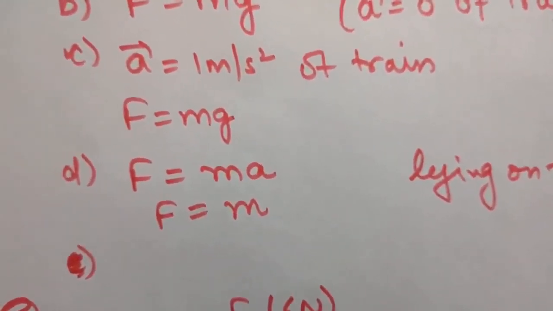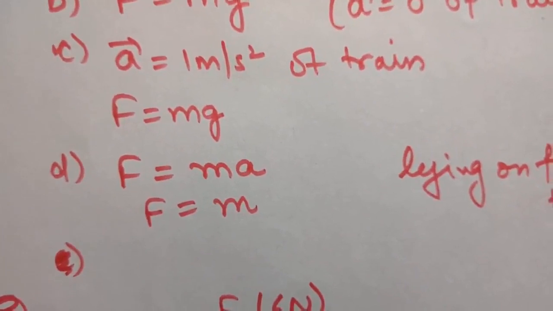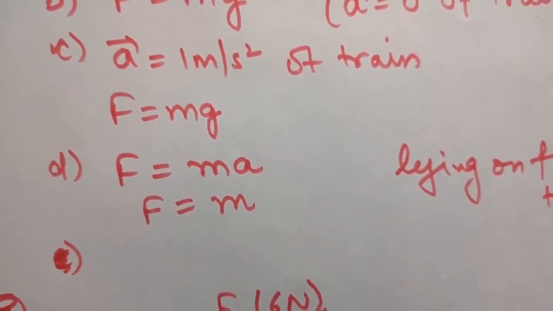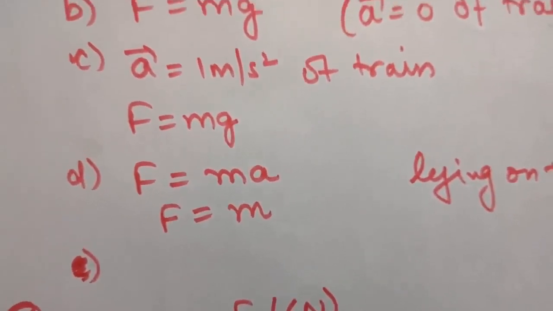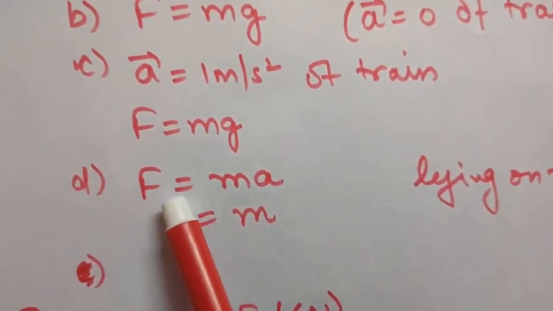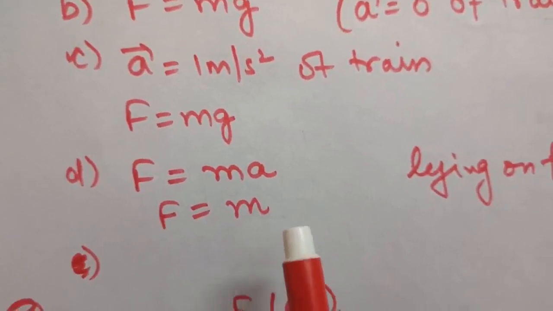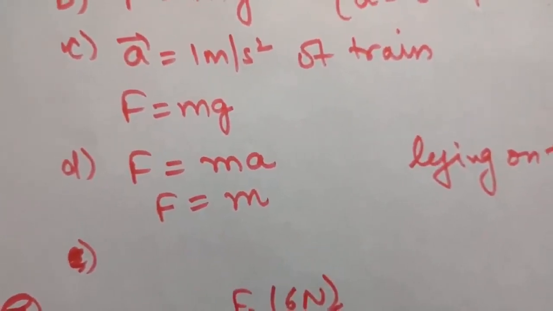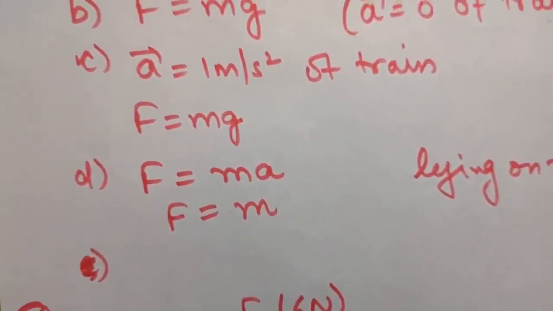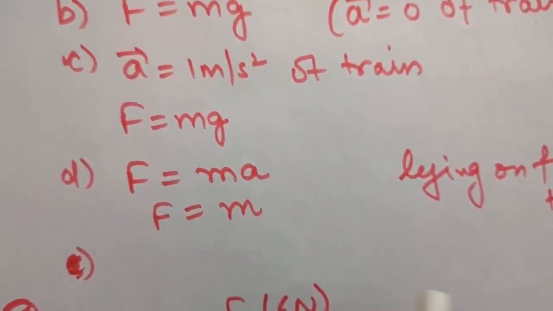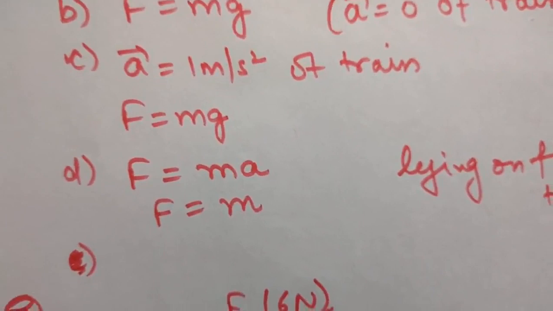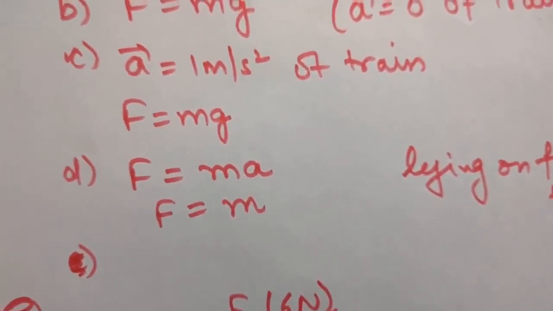D part says if the stone is lying on the floor of the train which is accelerating with 1 meter per second square, the stone being at relative rest to the train. So now in this case the stone is lying on the floor of the train. That means the acceleration of the train will now be the acceleration of the stone also. The acceleration of the train is given to be 1 meter per second square, so acceleration of the stone will also be 1 meter per second square.